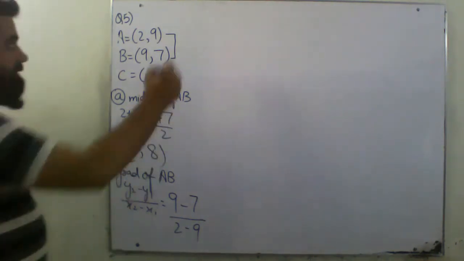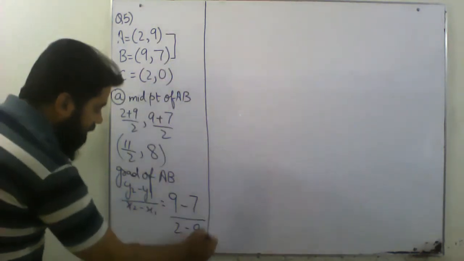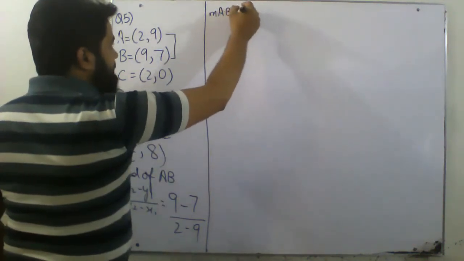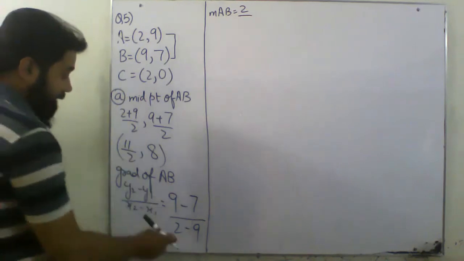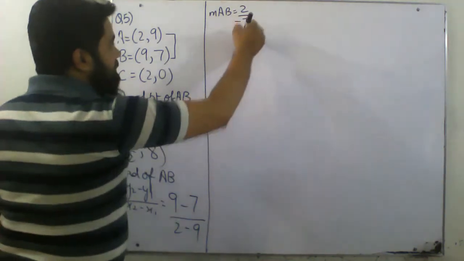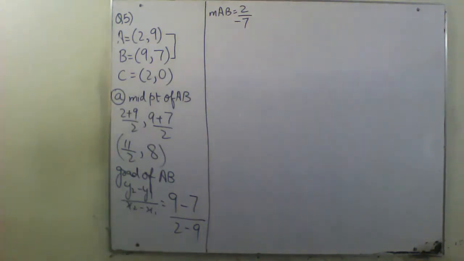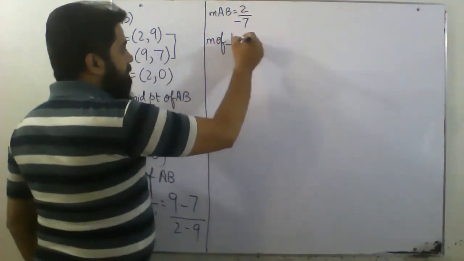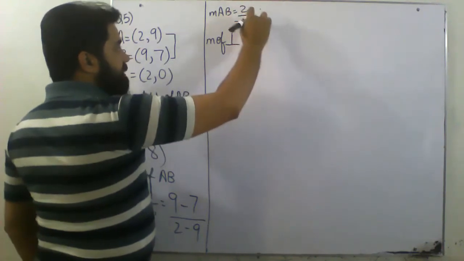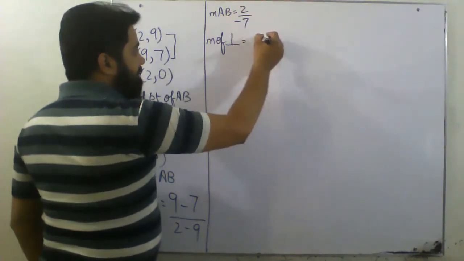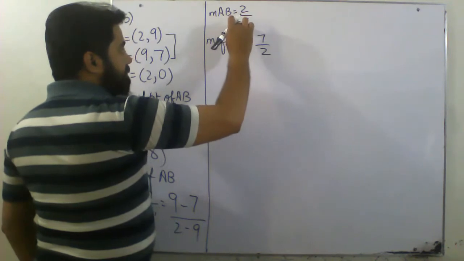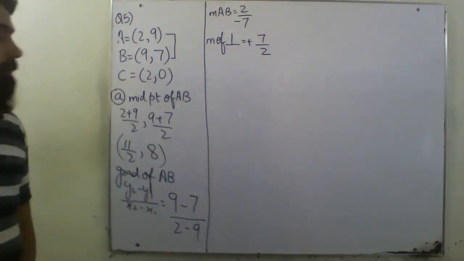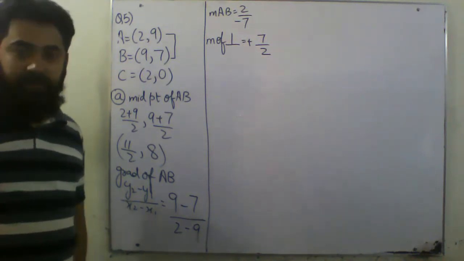So when I simplify it, 9 minus 7 will be 2, and 2 minus 9 will be minus 7. Now the gradient of the perpendicular bisector. So negative reciprocal, so this will become 7 over 2, and minus of minus will become plus. So the gradient of the perpendicular bisector is 7 over 2.